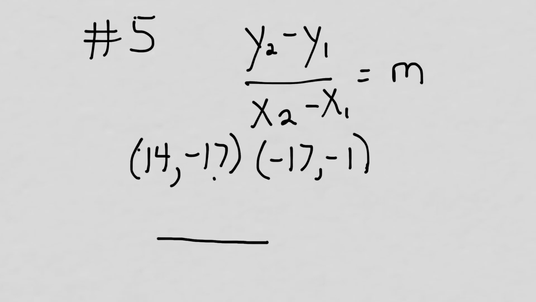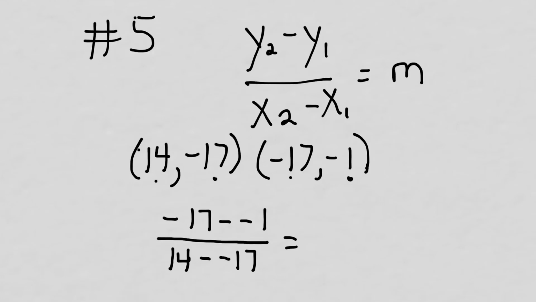So for this one, I'm going to put y minus y, so it's negative 17 minus negative 1, all right, over top of x minus x. So that's 14 minus negative 17. All right, doing the math on this, negative 17 minus negative 1.